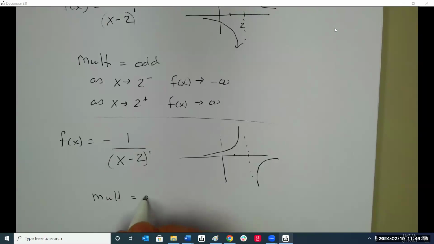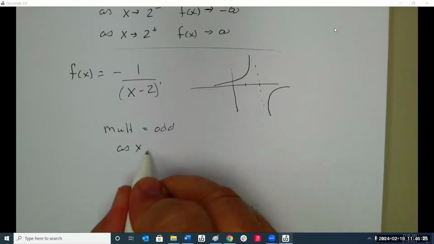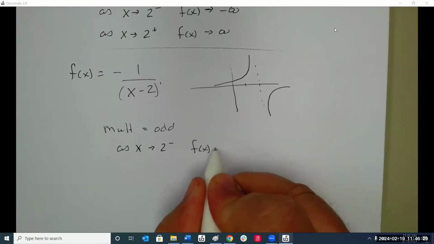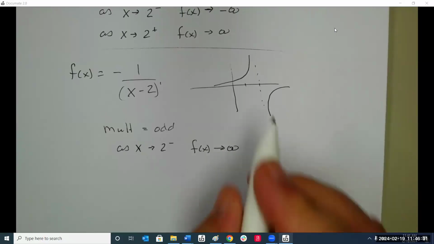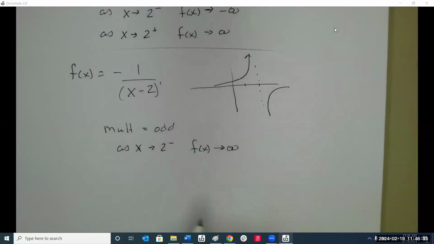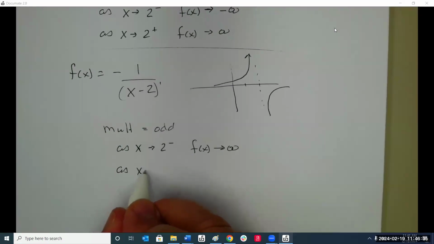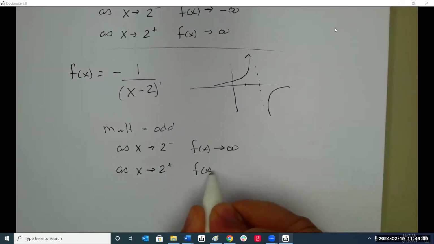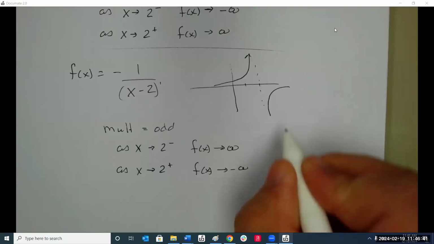So the multiplicity is still odd. It's 1. As x approaches 2 from the left, the function goes to +infinity. As x approaches 2 from the right, the function goes to -infinity.